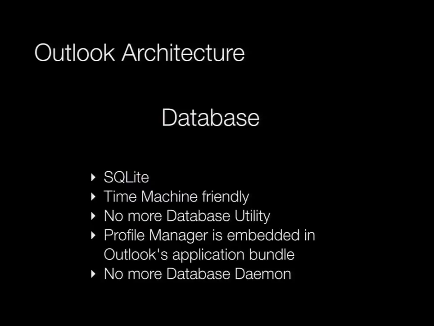Apple uses SQLite to store a lot of its application information. Microsoft excluded the Outlook 2011 database from Time Machine backups because it was too big to copy without it changing in the middle of a backup. The SQLite database files are now much smaller, and Outlook is now Time Machine friendly. That means you shouldn't have to worry about a database rebuild after you restore from a backup.